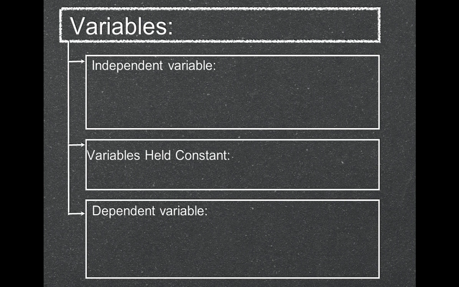In an experiment, an independent variable. First, variables are factors, things about your experiment that you could change or alter. And the independent variable is the thing you're testing. It's the thing you're changing. In a properly designed experiment, how many of these independent variables should there be? 1.